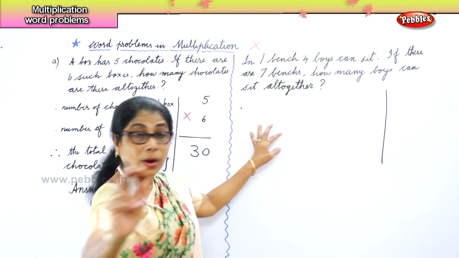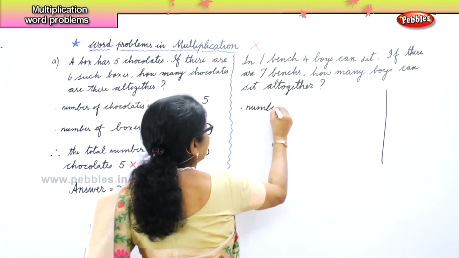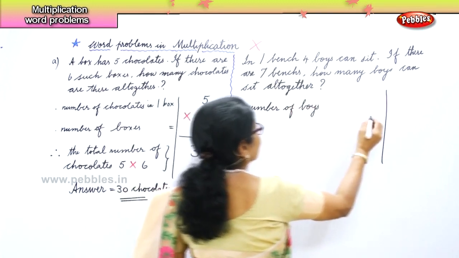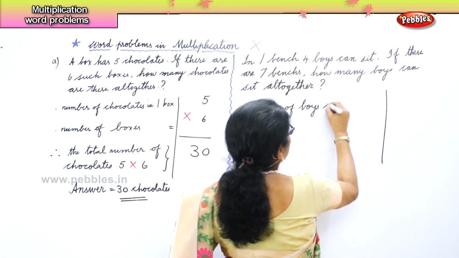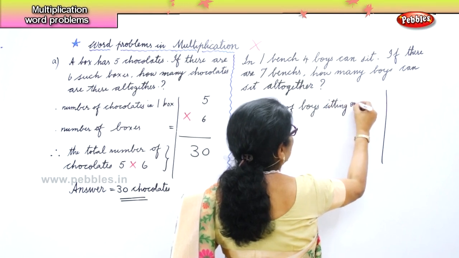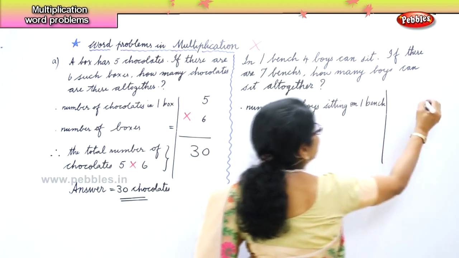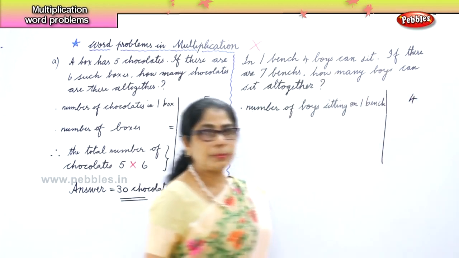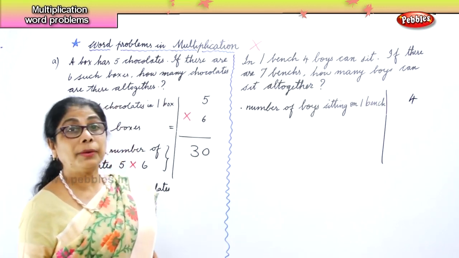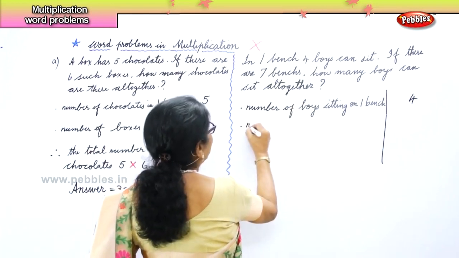Number of boys sitting on one bench. What is that? 4. What is the total number of benches? 7. So the next one is number of benches.